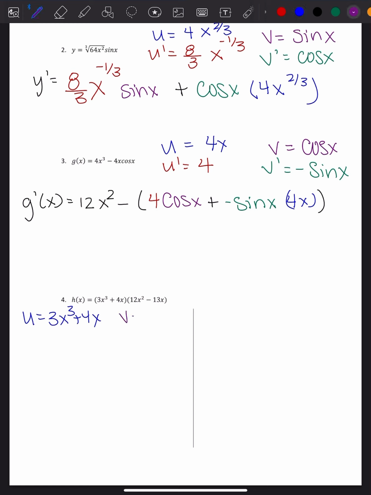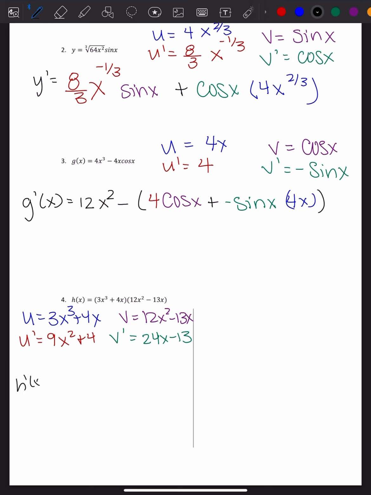V is going to be 12x squared minus 13x. U prime, the derivative, we have 3 times 3, which is 9x squared plus 4. And v prime, we're going to have 24, 2 times 12, x minus 13.